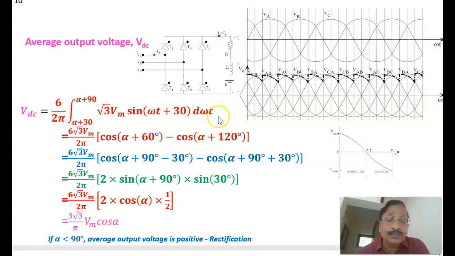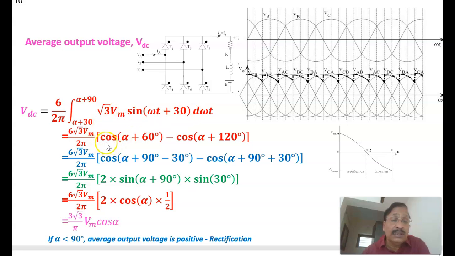Integrating sin omega t plus 30 gives minus cos omega t plus 30 divided by omega, and here we have to change the limits: alpha plus 30 at the lower and alpha plus 90 at the upper.